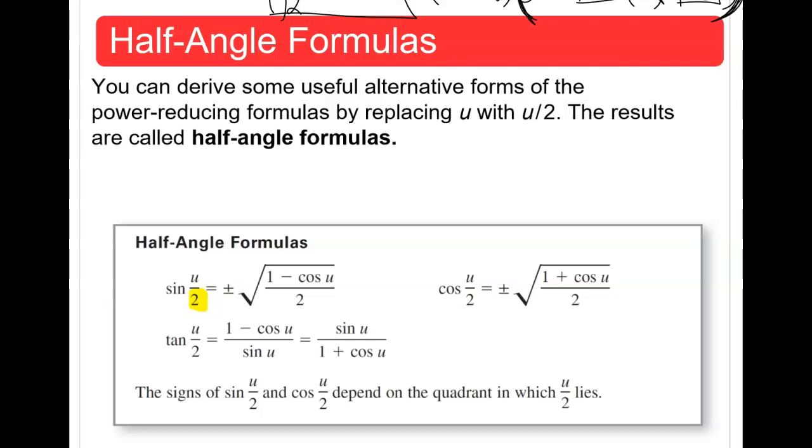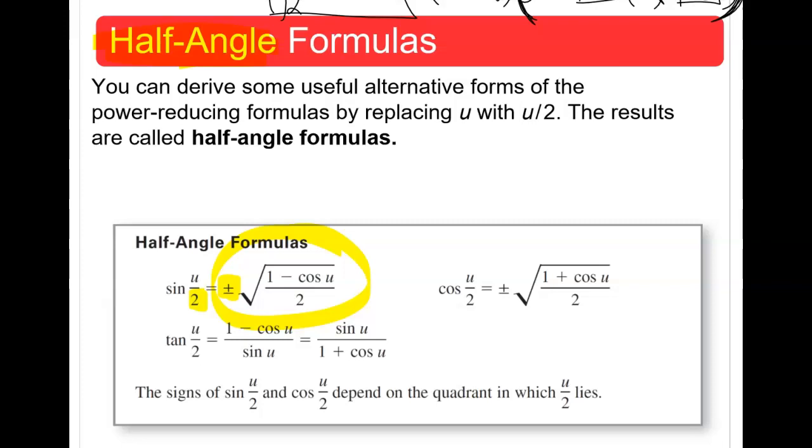So that's why we call it half angle. And so the formula will be here, the square root of 1 minus cosine u divided by 2. And we have the positive and the negative signs here, but not that you could have both.